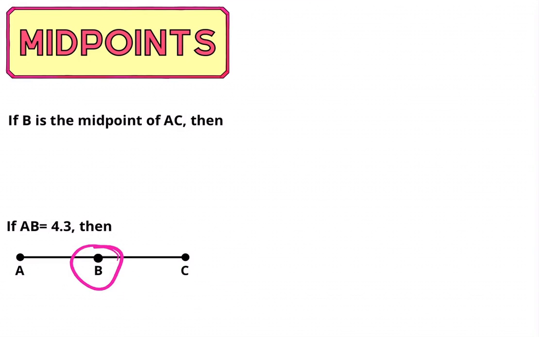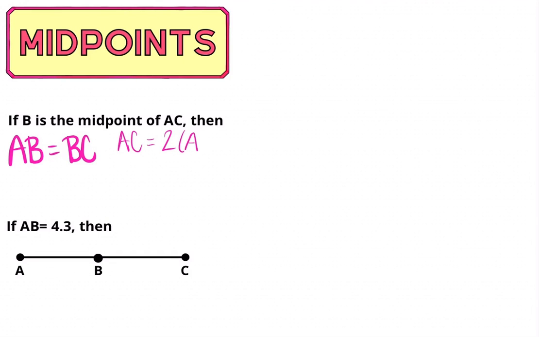If B is the midpoint, it's halfway, then AB equals BC. From that we can come up with a few other relationships. AC is 2 times AB or 2 times BC.